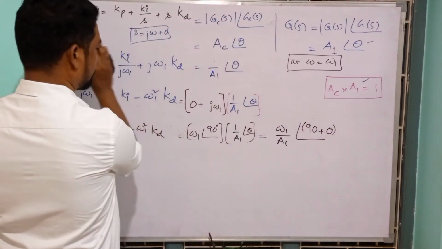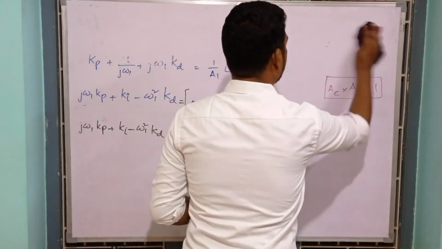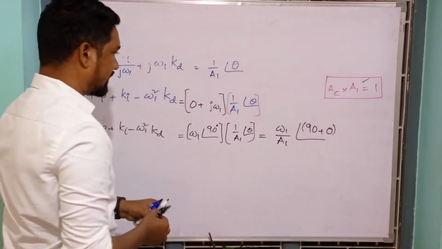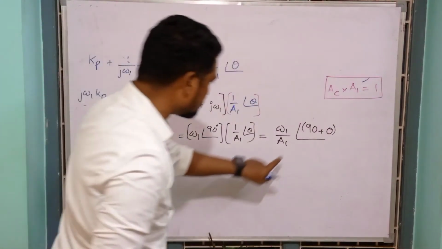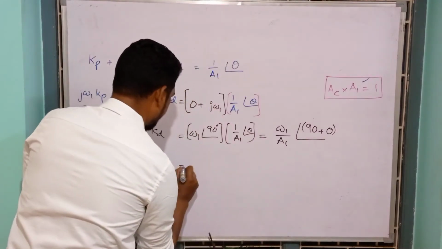And guys, I need this place. I need the place to explain something else, to give a justification for something else. So over here, now this 90 plus theta, that could have the modification over here.